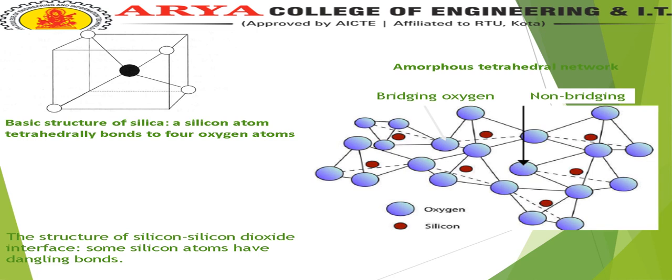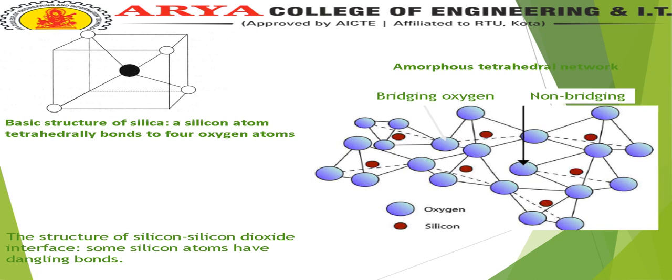Here we show the structure of the amorphous tetrahedral network of silicon dioxide, with oxygen. This is the basic structure of silicon atoms: tetrahedral bonds to 4 oxygens. 1, 2, 3, 4 oxygens are connected to a single silicon. We show bridging oxygen and non-bridging oxygen. This part is bridging oxygen and this part is non-bridging.